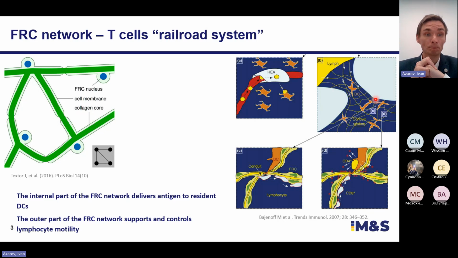Considering this, this network is very important for T cell activation, because this special rod system can make this motion more directional to dendritic cells.